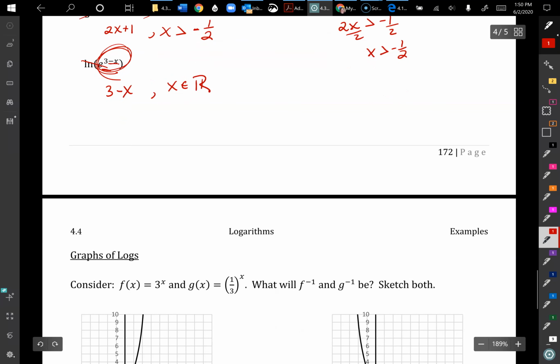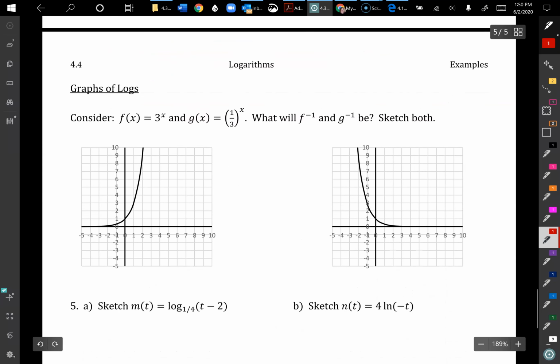Now we just have one more page with the graphs. Just want to take a quick look at this. And if you're familiar with your parent functions from your exponentials, then you'll know that inverses, remember, reflect on y equals x, right? So if we're starting with f of x equals 3 to the x, that's this right here.